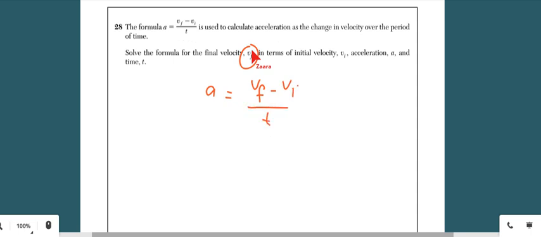I just take this t to the left side, it will be multiplied with a. So at equals Vf minus Vi. Then you have to write for Vf: take this Vi to the left side, from subtraction it will turn into addition. So we write Vf in terms of Vi and at. Okay, so that's the main formula.